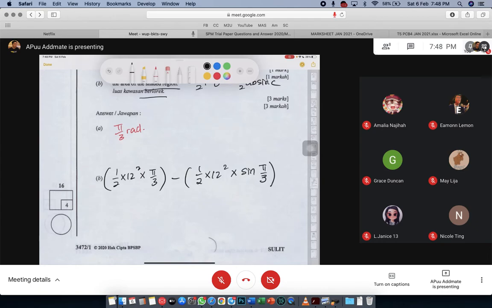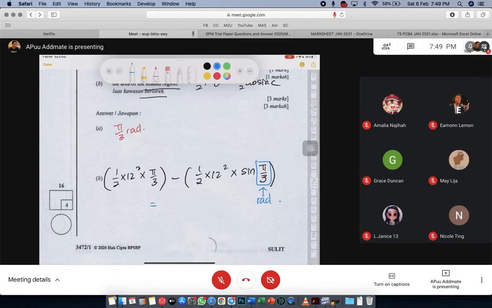Alright, remember if your question or your answer is in the form of radian, because pi over 3 is in terms of radian, your calculator must be changed to radian mode. You must change to radian, otherwise you will not get the answer. Okay, so now you can press the calculator, change to radian, and then tell me what you get.